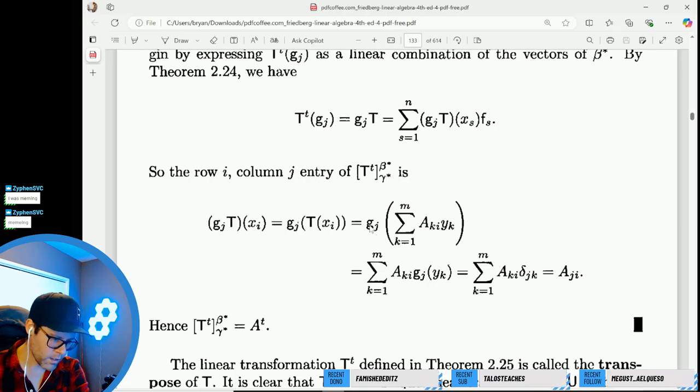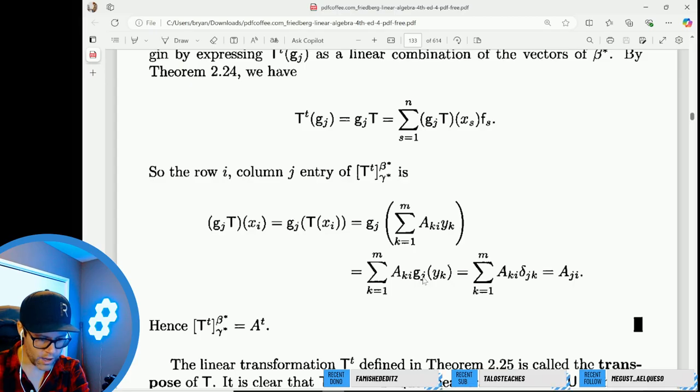It's not dependent on gj, so they're going to bring gj through. Oh, no, actually, they're factoring out these coefficients, right? So the aki, those are coefficients inside of the matrix. Since gj is a linear kind of function, we can factor the aki out and just focus on taking gj evaluated at yk.